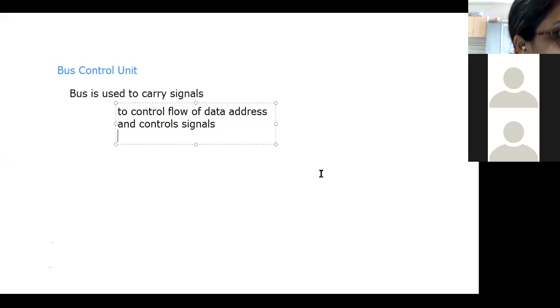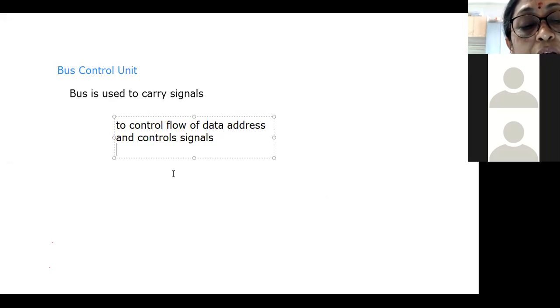Now the second function of the bus control unit is to transfer the control of the bus to the various units of the microcontroller. There are various blocks, various units in the microcontroller, as you have seen in the block diagram of the 8051. There is a timer, there is an interrupt control unit.